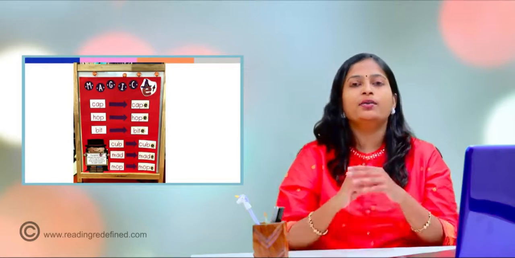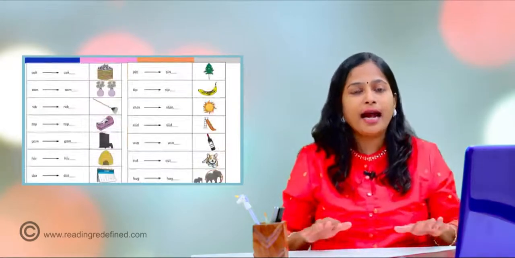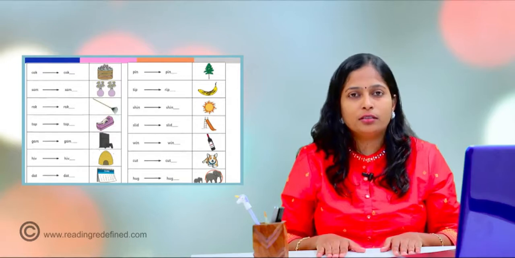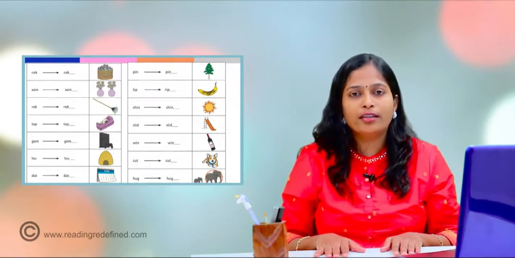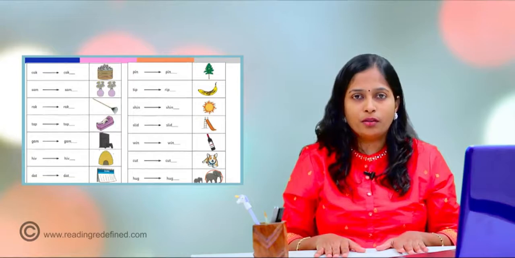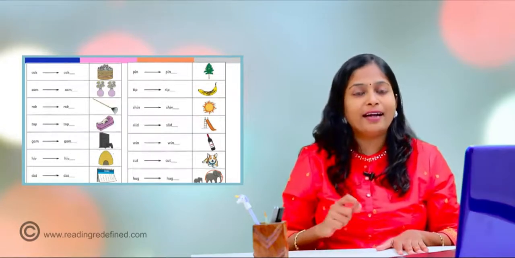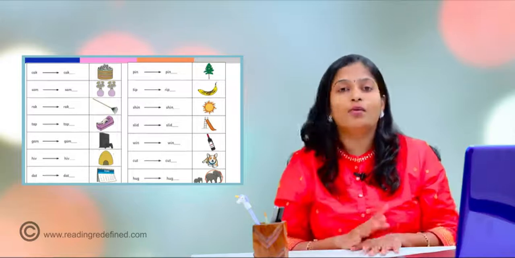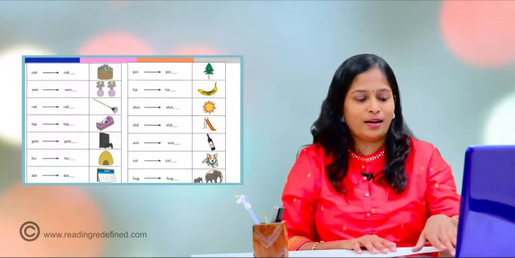Now the words. So these are the activity kind of thing that you can give children to recollect or reinforce the magic E rule. So give a list of words and ask children to add E to that and change and read it with a long vowel sound and not the short vowel sound.